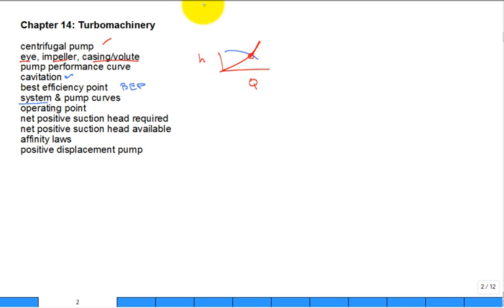If it is an open system, it can be shifted up or shifted down, depending on if you're trying to pump uphill, from a lower tank to a higher tank. This would be the shifting up of the system curve. Or if it's shifted down like that, then you could get rid of the pump and let it siphon. Just let the system flow from a higher tank to a lower tank. Okay. Operating point is that intersection.